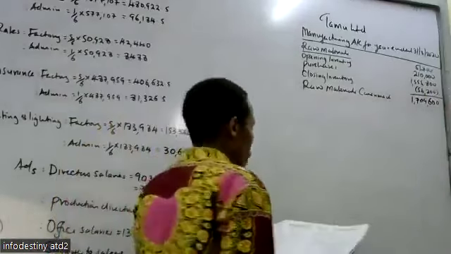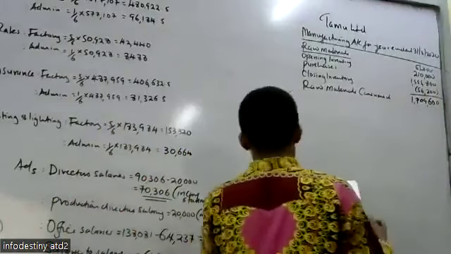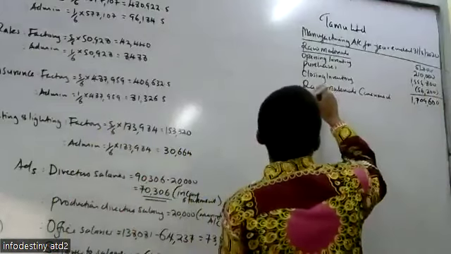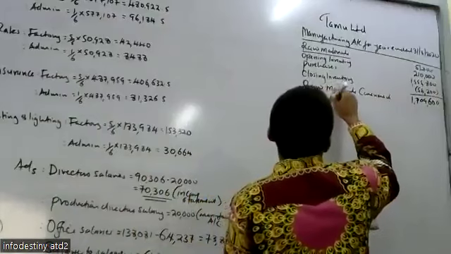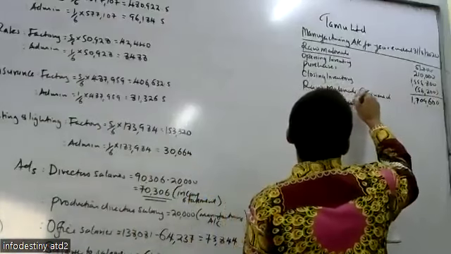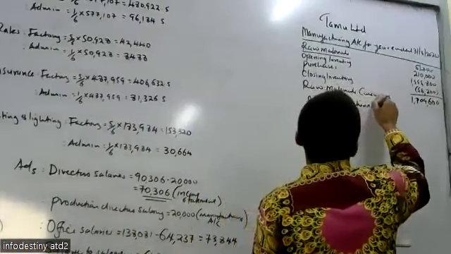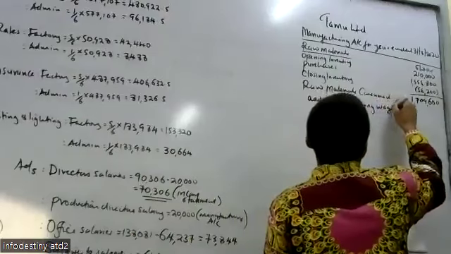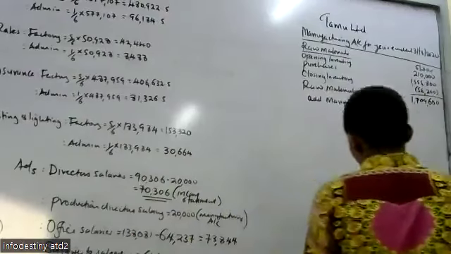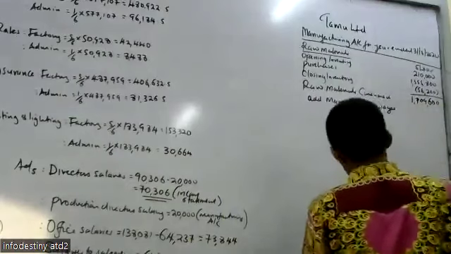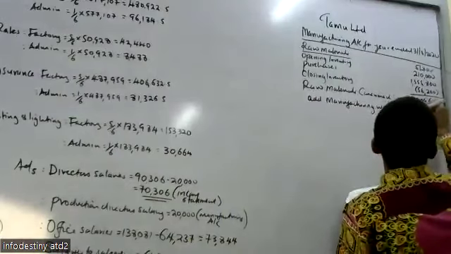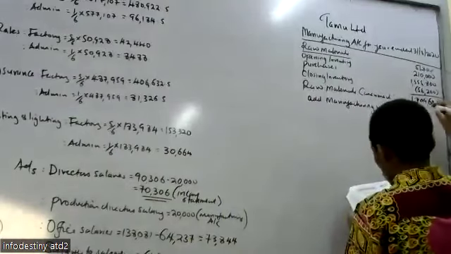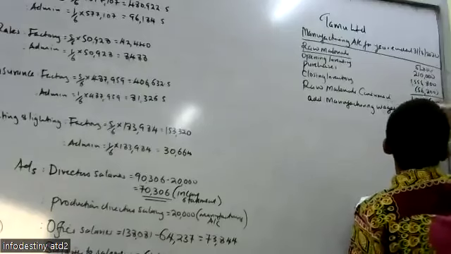Then we add the direct labor, which is given as manufacturing wages. We add the manufacturing wages, and we are given an amount of 1,504,200.